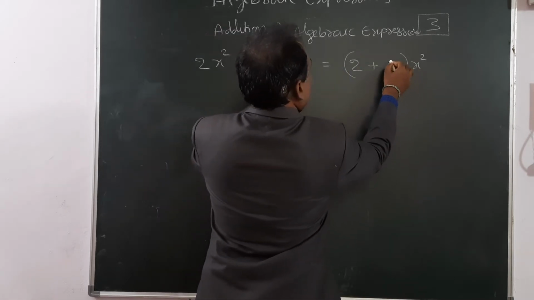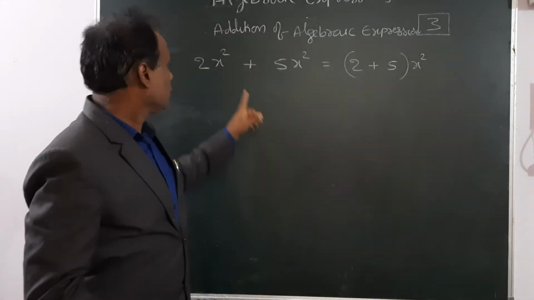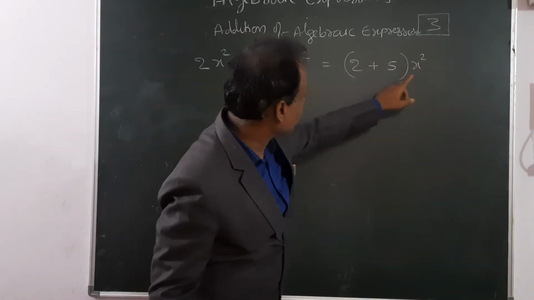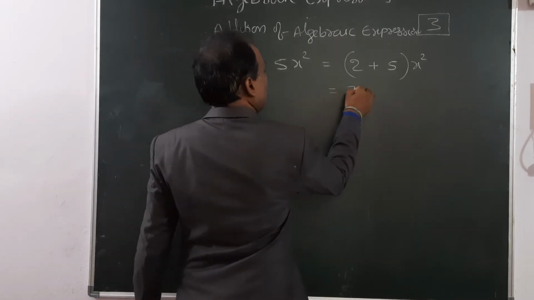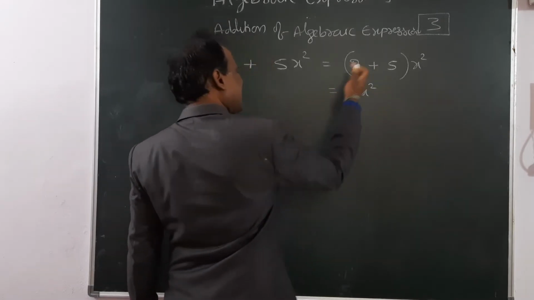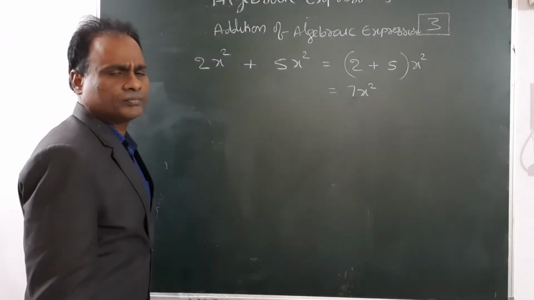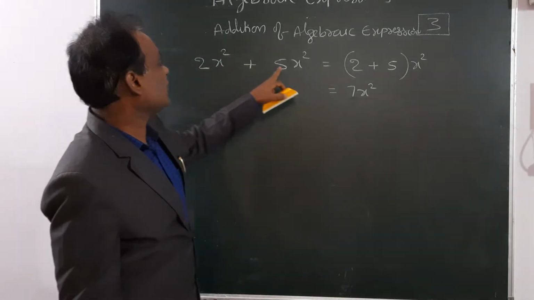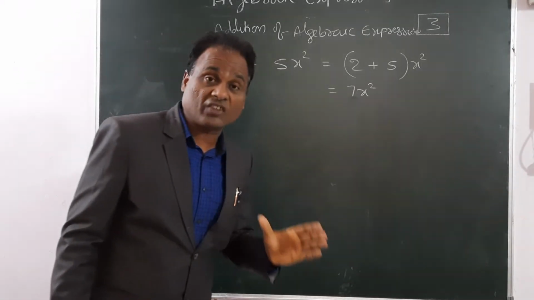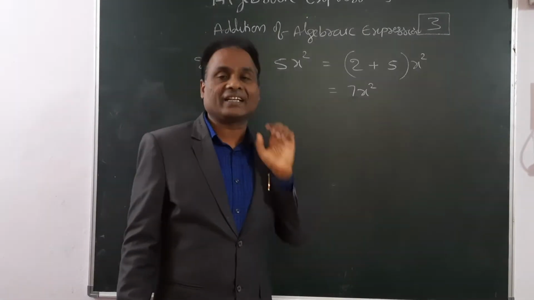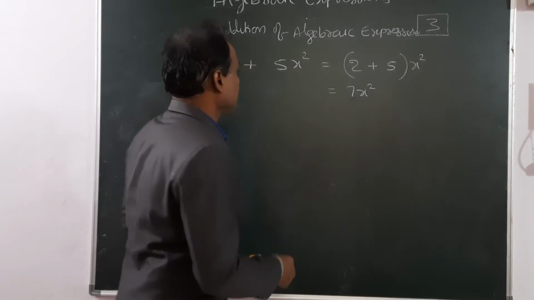This is the distributive property. So x square is written here, times 2 plus 5. 2 plus 5 is 7, so 7x square. You can write it like this, or directly. So this is addition of algebraic expressions. The addition is possible only for like terms.